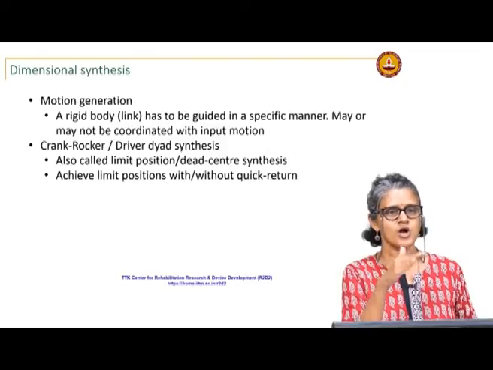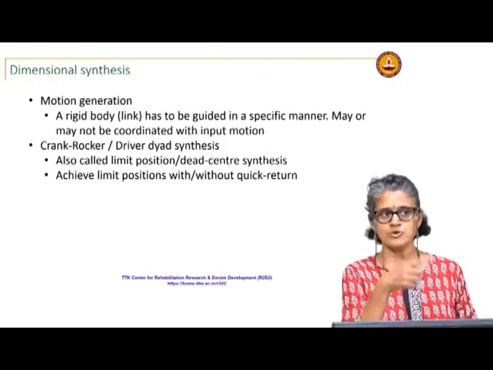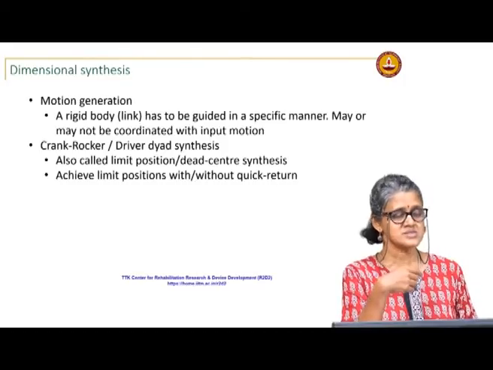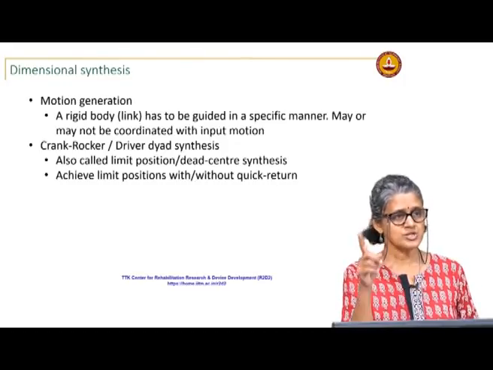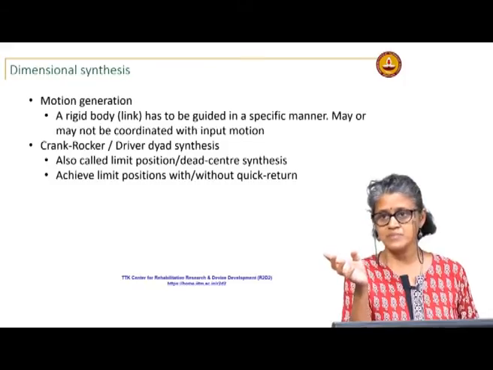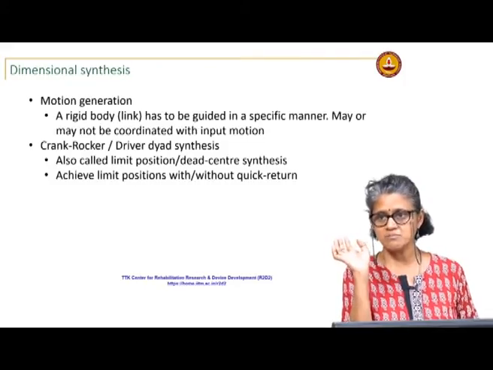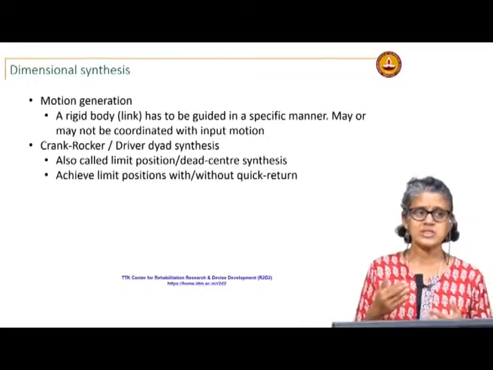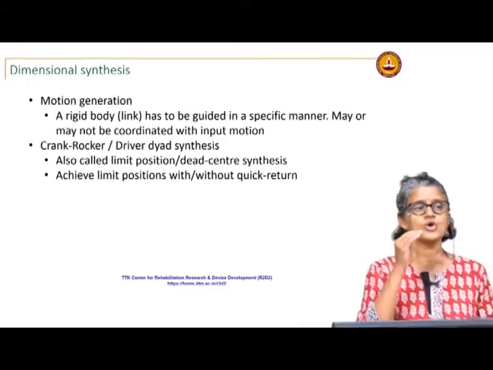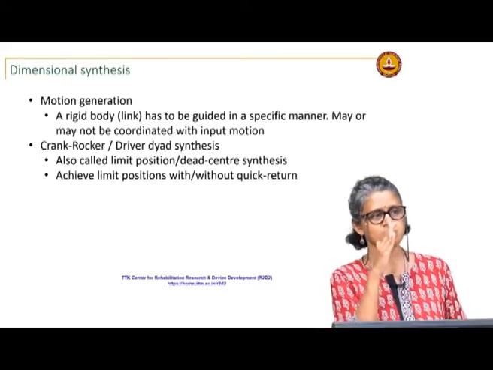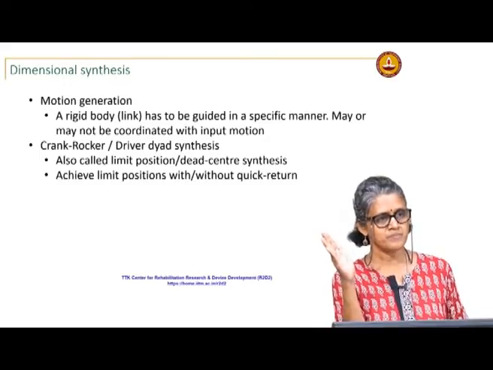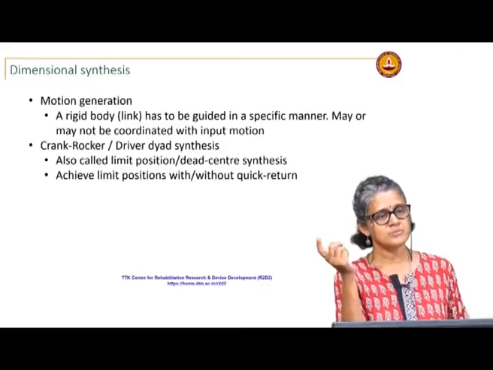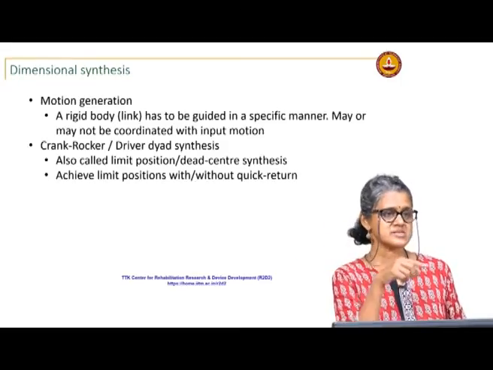So, you want the motion to be restricted. The input motion may be continuous, in the case of the crank rocker synthesis, but for that input motion you want the output to be limited to 2 extreme positions, and this could be attained with or without quick return. So, you could say that when it goes from position A to position B, it takes a certain amount of time, and then from position B to position A may be faster.